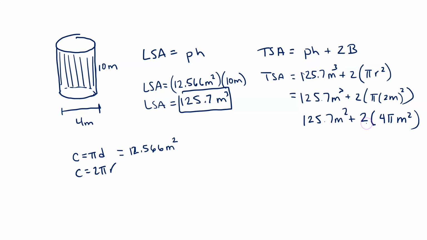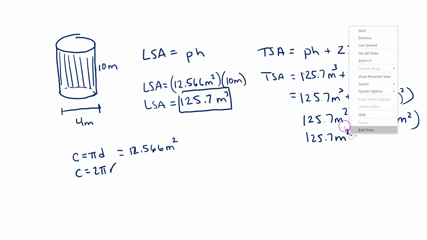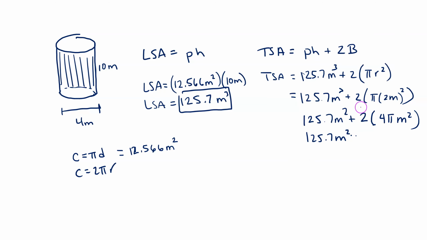And then we're going to multiply that by 2. And when we do that, we end up with 8 pi, which would be 100.53 meters squared. Add them together, and we end up with 226.2 meters squared. That's our total surface area.